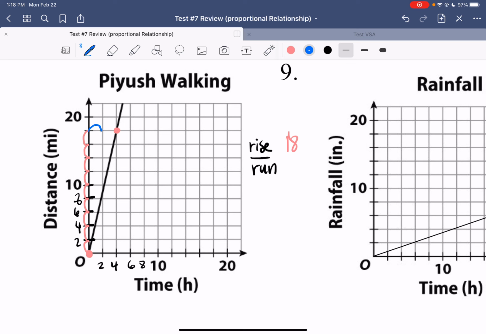And then we're going to run 1, 2, but that 2 is actually 4. And then we need to simplify that to a simpler form of the fraction. So 18 divided by 2 is 9, and 4 divided by 2 is 2, and that is the simplest form of the fraction there.